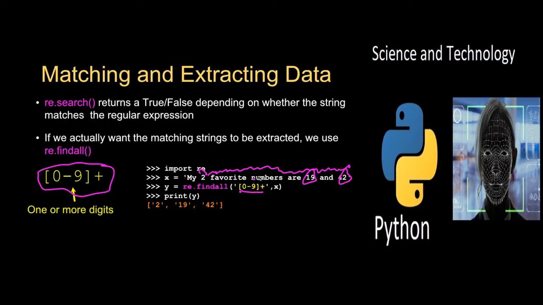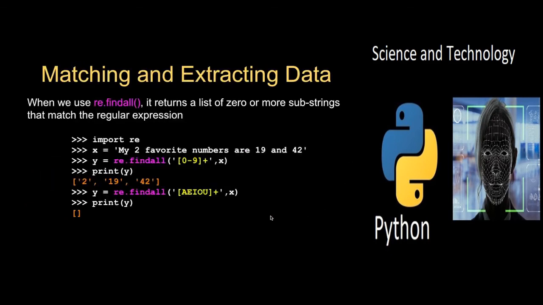It actually parsed it, split it, found all these things, and here they are, 2, 19, and 42. It's a list of 3 strings, because that's how many it found. It might have found none, and we would have gotten an empty list, but it found some.